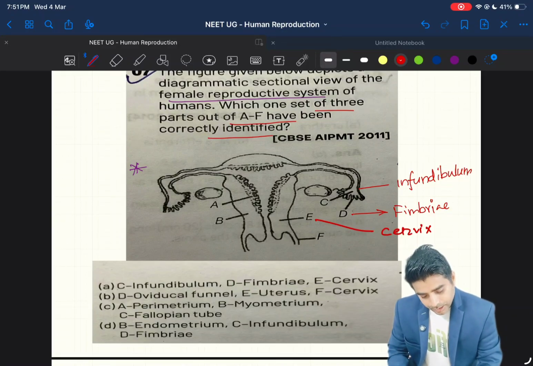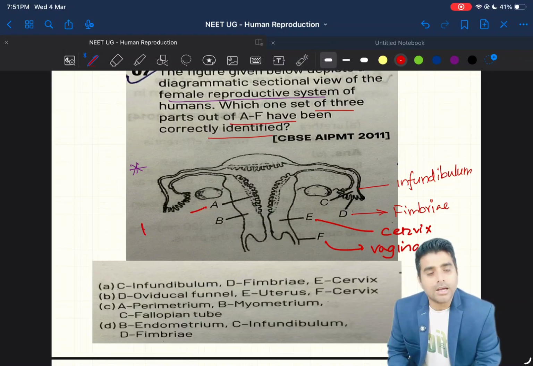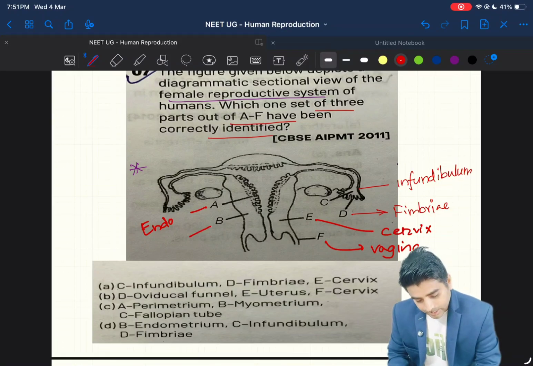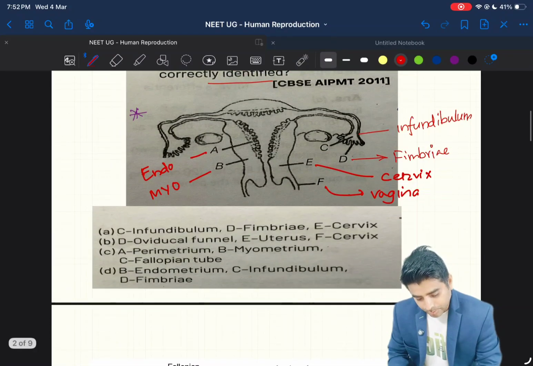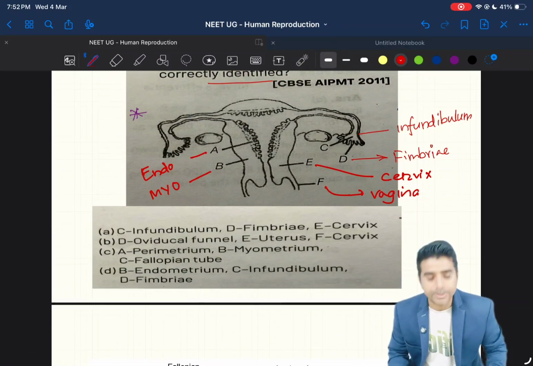Now E is the cervix, and F is the vagina. A and B are actually the inner structure of this uterus. A is marking the endometrium, and B is marking the myometrium.